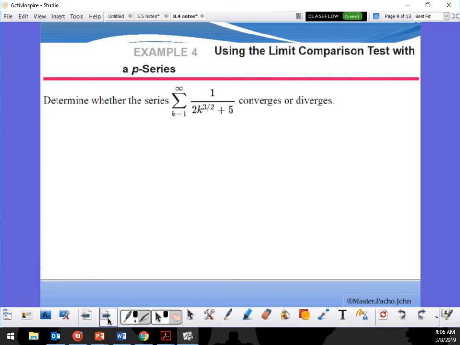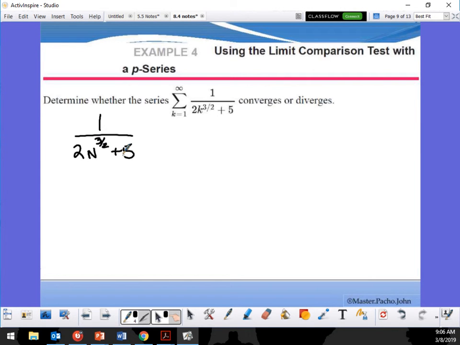For that to work out, I have to do some factoring of this nasty expression, right? Because it's not in the right format, is it? So I'm going to take out that n to the 3/2. I'm going to rewrite it as 1 over 2 n to the 3/2 plus 5.